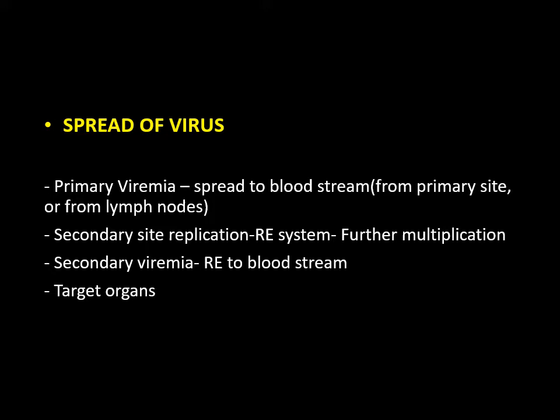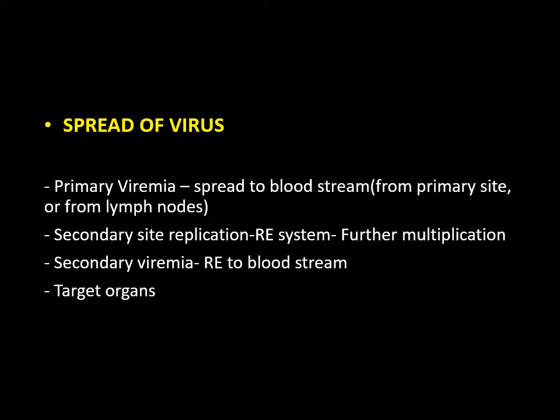First the virus multiplies locally, and if it is causing local disease, the manifestation will come. Or if it is not causing any disease in that area, it will go with the help of lymphatics to the lymph nodes, and from there it reaches the blood stream.